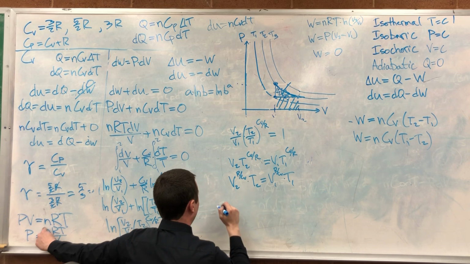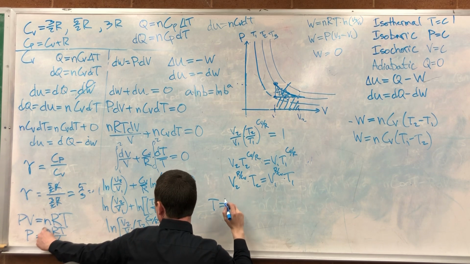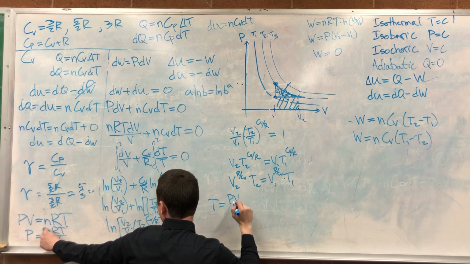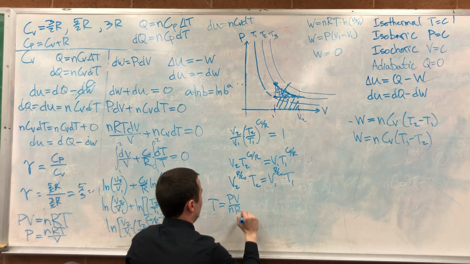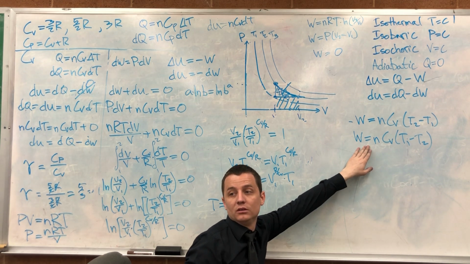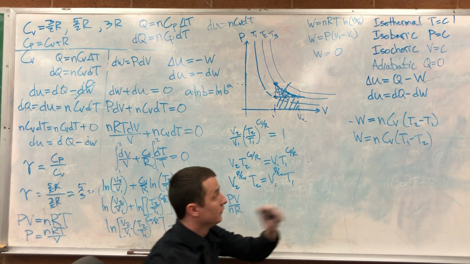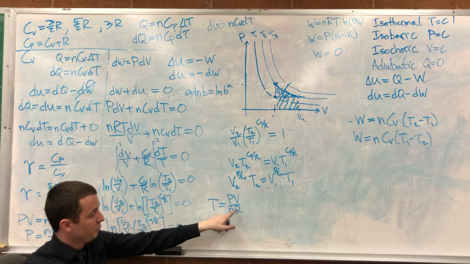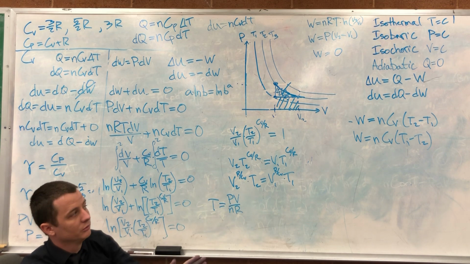If we solve the ideal gas equation for T, we get T is equal to PV over NR. Now I'm going to make this substitution into this equation, replacing T1 in terms of P1 and V1, and T2 in terms of P2 and V2.